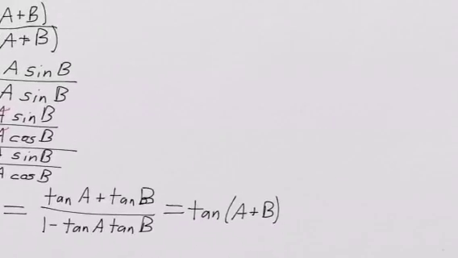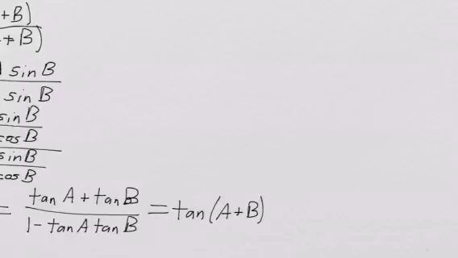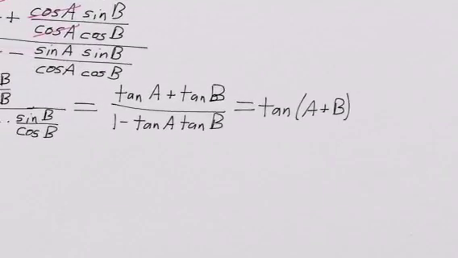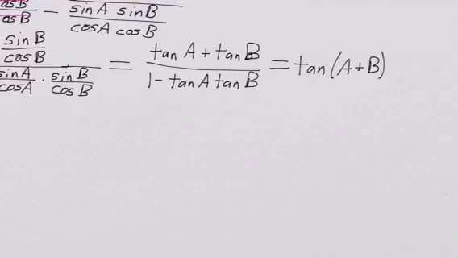So now, one more thing. I'm going to use that to look at the tangent of A minus B. I'm going to use a similar technique to what we did going back and forth between sum and difference with the sine and cosine.